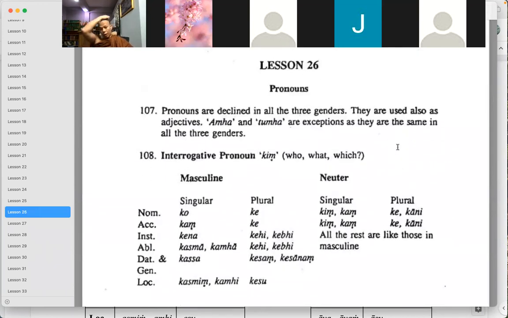So pronouns are, according to the traditional grammar, 27 all together.